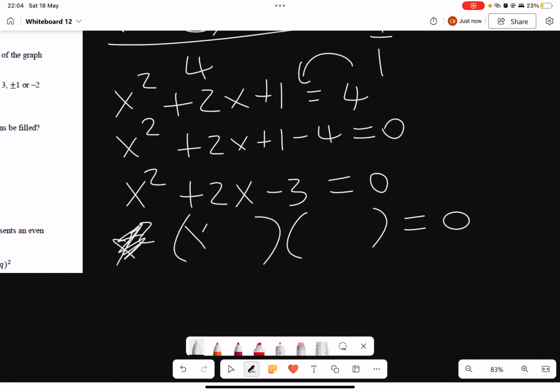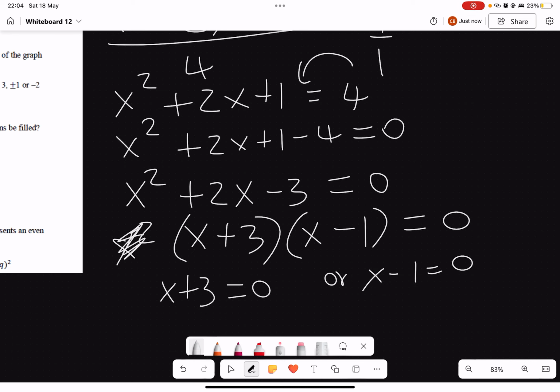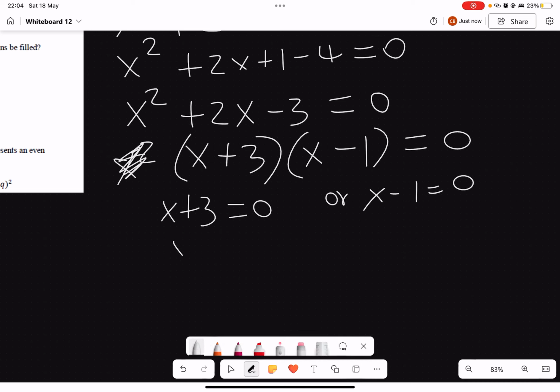We're going to have x and x, then plus 3 and minus 1. Let's verify if we factorized this trinomial properly. Here we have 3x minus x, which gives us 2x. Then we know we factorized it properly. From the zero product principle, we can say x plus 3 equals 0 or x minus 1 equals 0. So from here, x equals minus 3 or x equals 1.